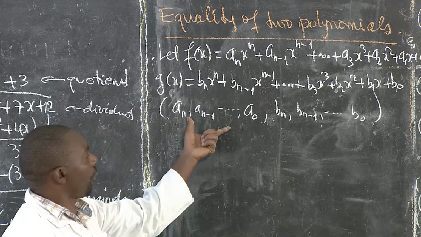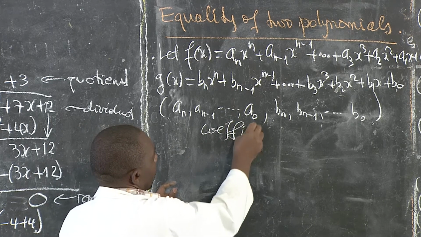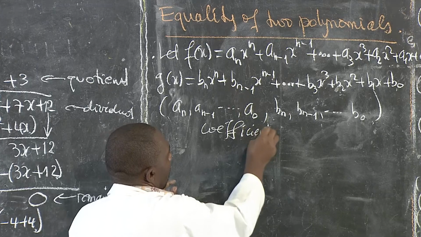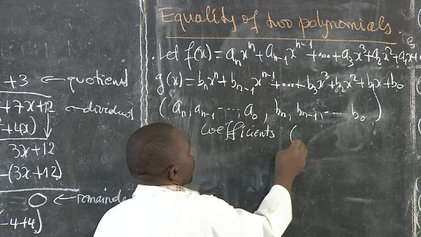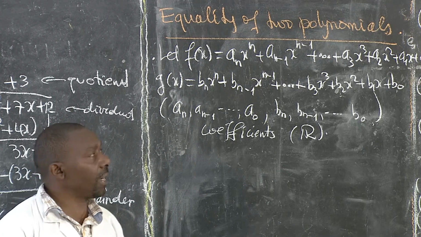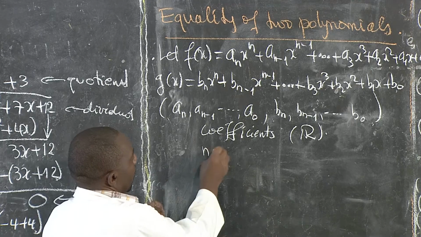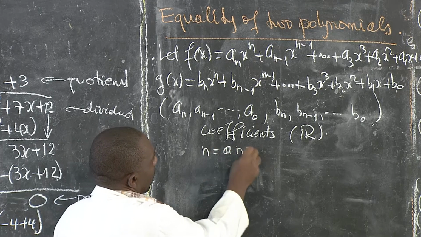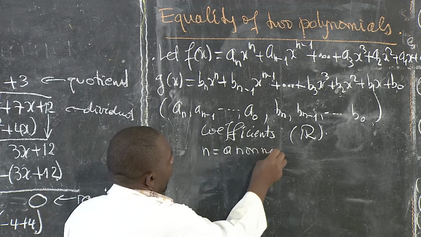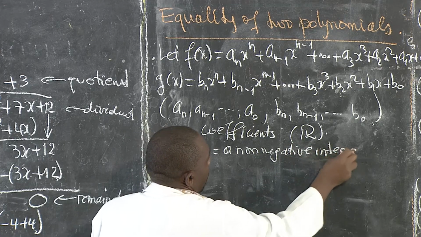All these are coefficients. It means these are real numbers, okay? And n is a non-negative integer.